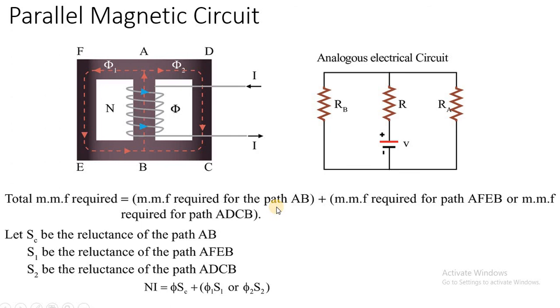They may ask you the reluctance S1 of AFEB, ADCB or any names they give you, so you have to find that path properly. Another question they may ask is the equation of Ni. Ni will be phi SC plus phi 1 S1 plus phi 2 S2, or Ni will be phi SC plus phi 1 S1, or Ni will be phi SC plus phi 2 S2.